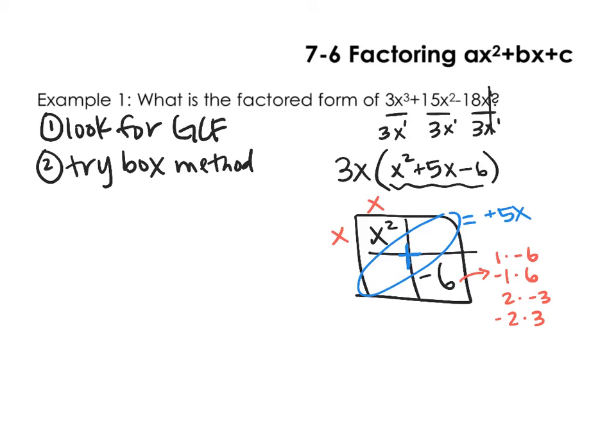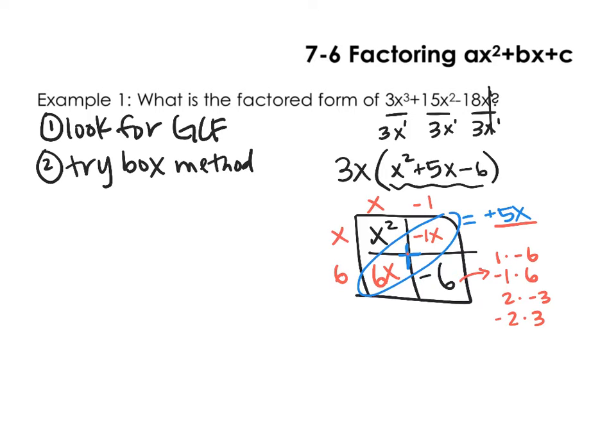Then I want to see what's going to get me to a positive 5x. You can try a couple of options, but it looks like negative 1 and positive 6 works, because 6 times x would be 6x, and negative 1 times x would be negative 1x, and 6x plus negative 1x adds to be 5x.